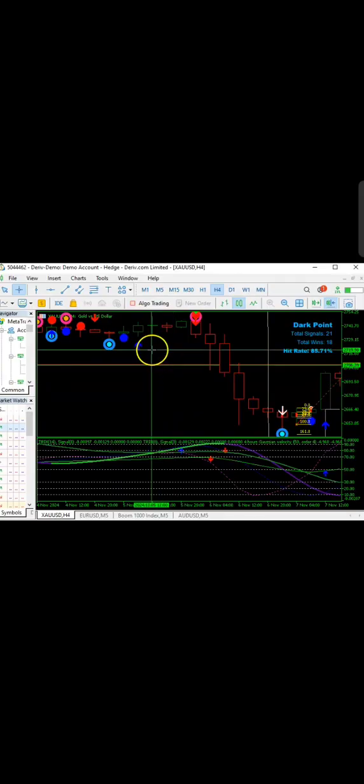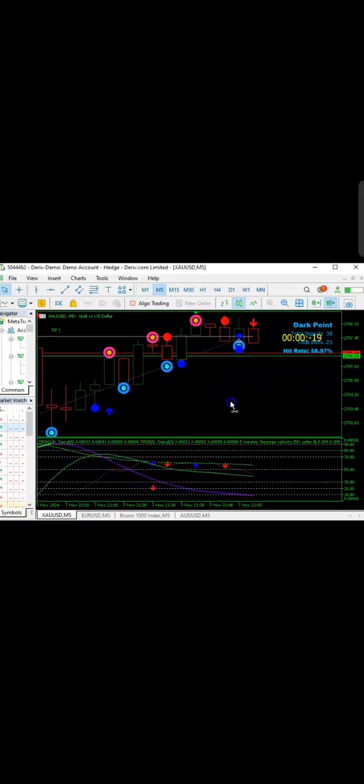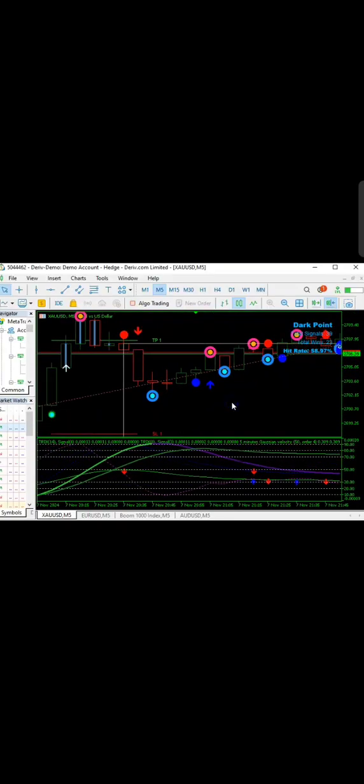Now, this software is not a robot. This software is not a robot. It's an indicator. The difference between a robot and an indicator is this. A robot is a program system, not reliable because the market behavior is not constant.